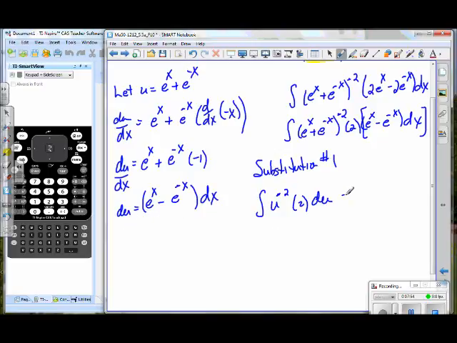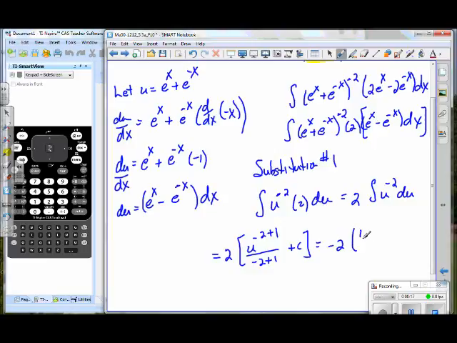So I could say that it's 2 times the indefinite integral of u to the -2 du. Now if I take that indefinite integral, I'm going to have 2 times, remember our rule is very simple, add 1 to the exponent, divide by the new exponent, plus c, or -2 times u to the -1, divided by -1, plus c.